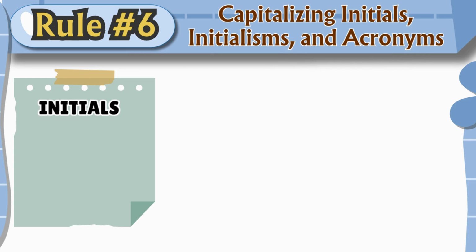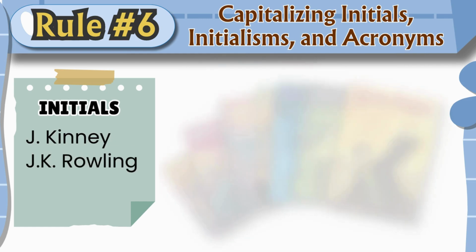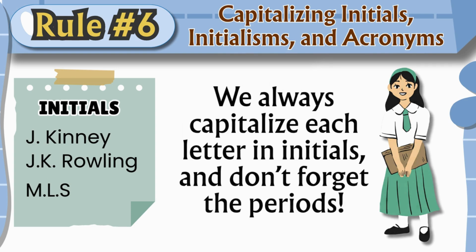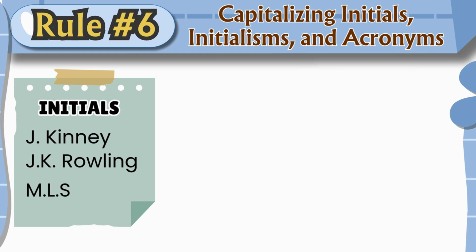For example, J. Kinney, the author of Diary of a Wimpy Kid, J.K. Rowling, the author of Harry Potter, or here in class, maybe your MLS for Maria Luis Sandoval. We always capitalize each letter in initials and don't forget the periods.